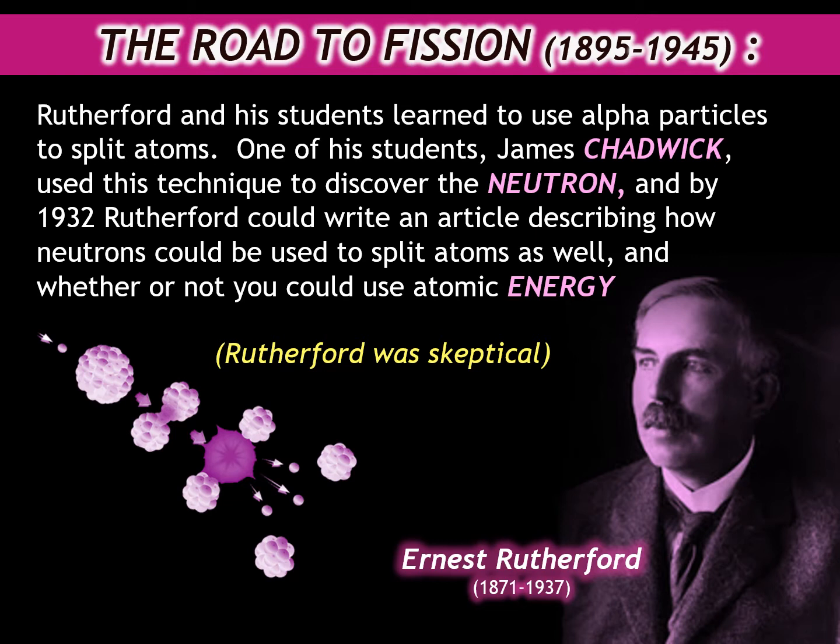You could use it as a smaller bullet, and in the future you could shoot neutrons instead, and you would probably be able to discover things that you couldn't discover with alpha particles. Now, Rutherford himself was skeptical about the idea that you would ever be able to get energy out of the atom, but people knew there was energy in there, and they were interested in studying the atomic structure, and it led to a lot of Nobel Prizes.